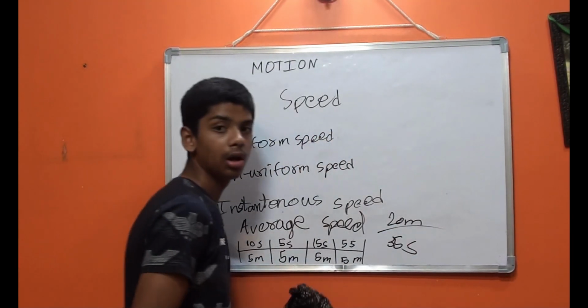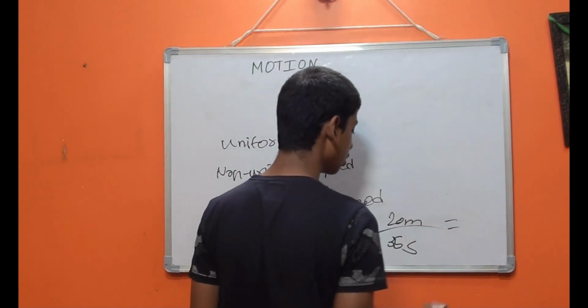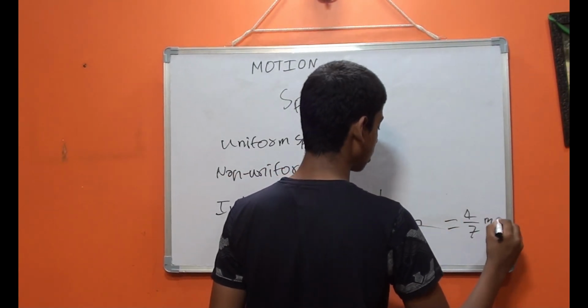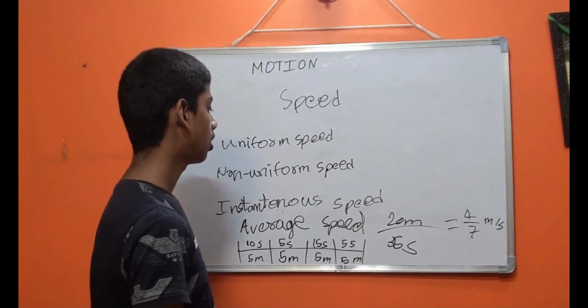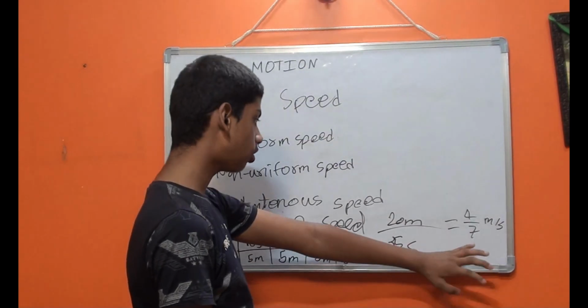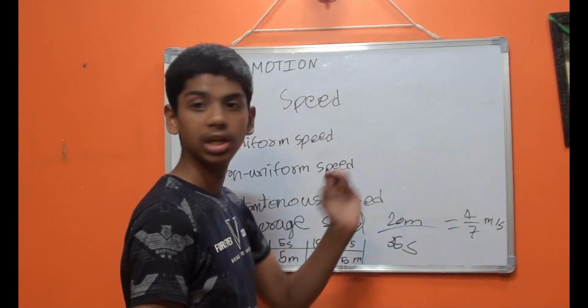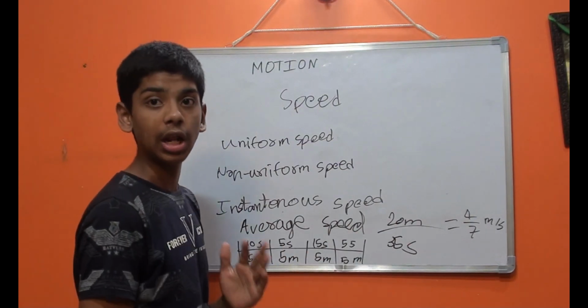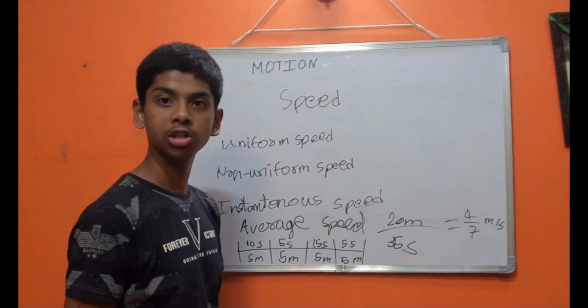After you simplify it, you would get 4 by 7 meter per second. This is the average speed. It is covering 4 by 7 meters in a second. Now let's see about our next topic, which is velocity.